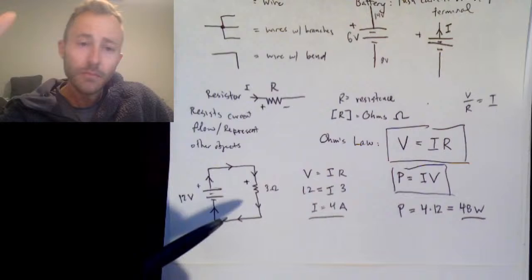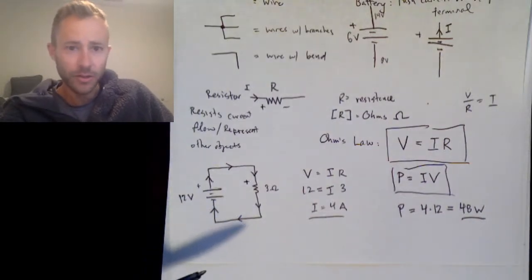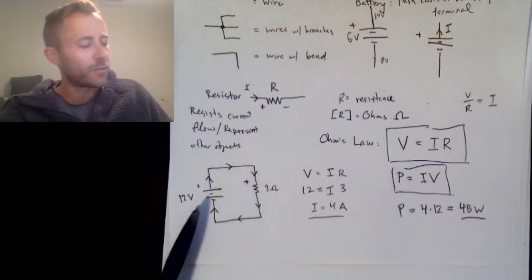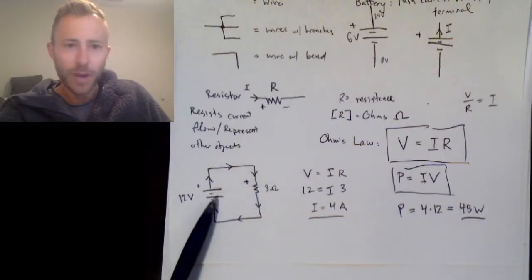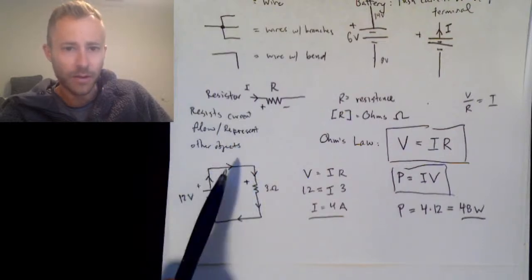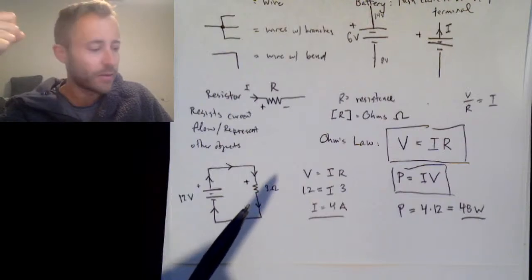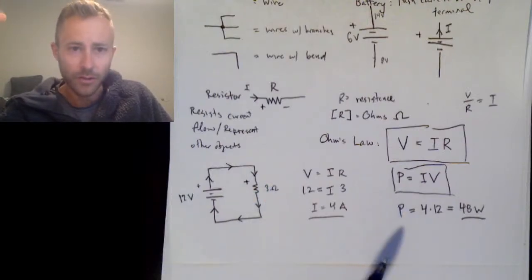And the way circuits work, sort of conservation of energy in circuits, is that because 48 joules per second is going out of the battery, the resistor is consuming or using 48 joules of energy per second.